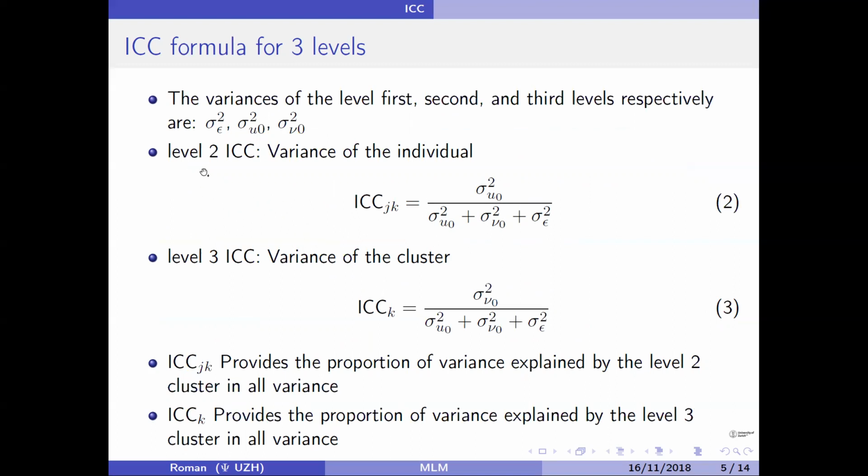When we compute the level 2 intra-class correlation, we are going to divide the variance attributable to the individual over all variance. This is very similar to what we're doing when we just have measurement occasions nested in participants. But this is telling us the variance that can be explained in the individual trajectories in time by the people.